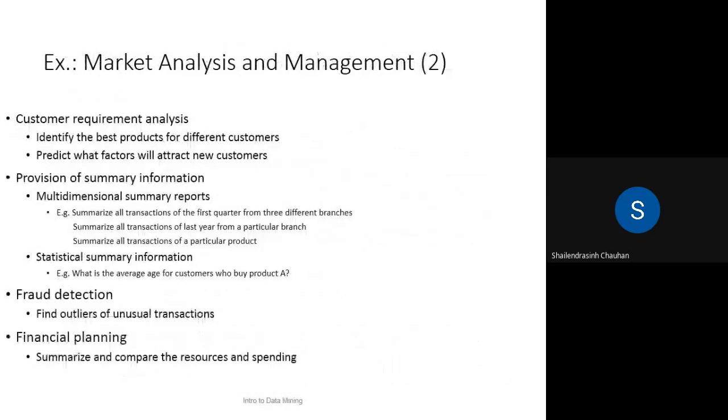So that was about summary of various information. So you are having mainly two type of categories: multi-dimensional and statistical summary.